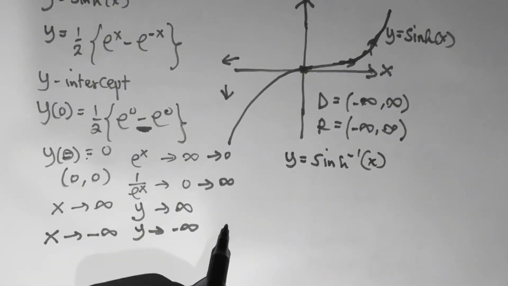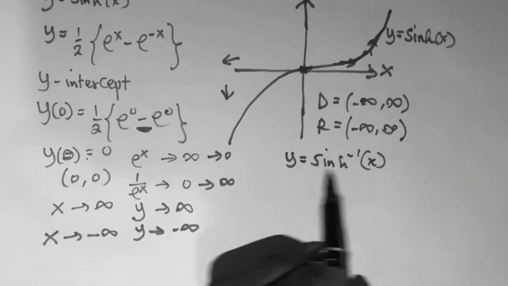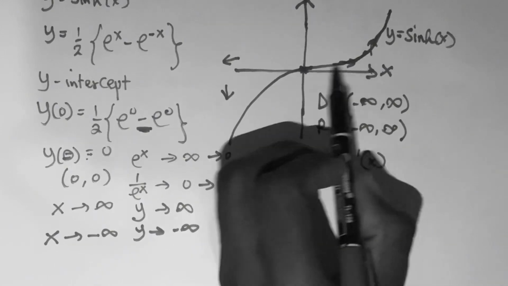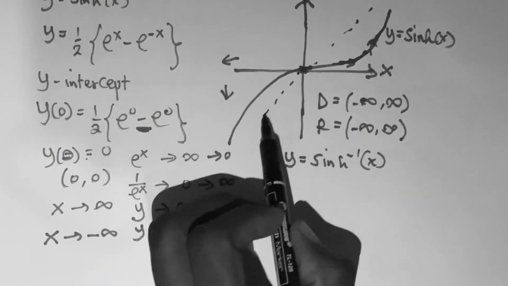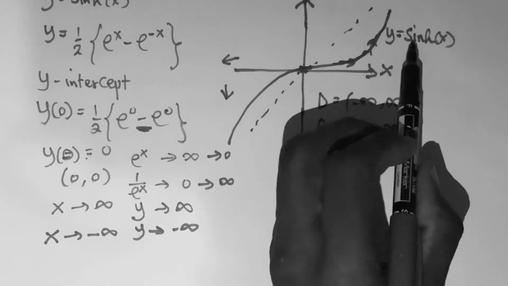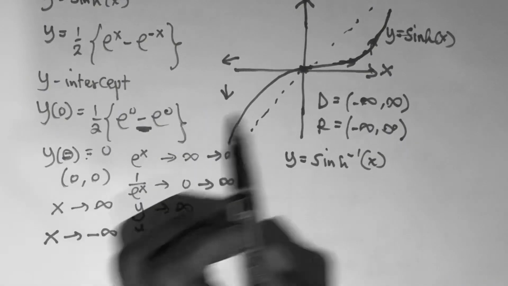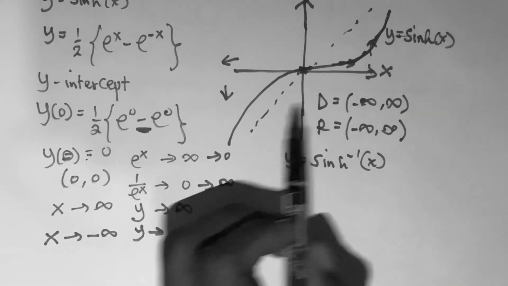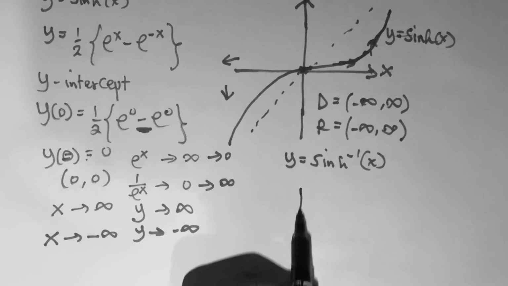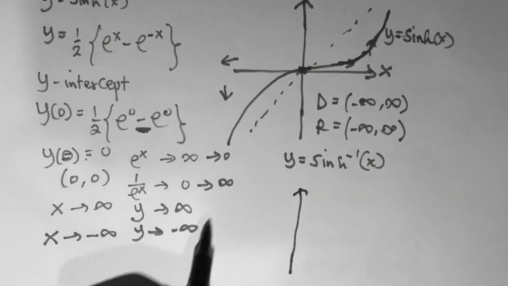How will the graph look like? To find the inverse function, we need to reflect this graph in the line y equals x. Because this graph passes the horizontal line test, since any horizontal line we draw will cut the graph at one point, the inverse will exist for all values of x.